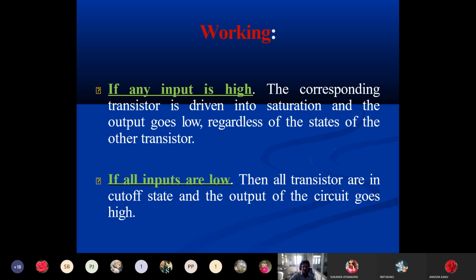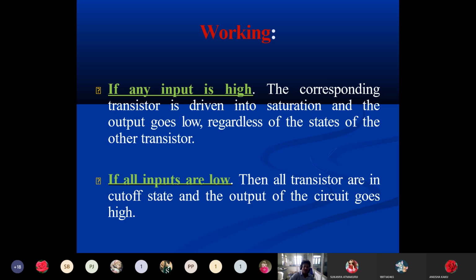That means we have inputs A and B, so whichever input is high, the transistor connected to it is driven into saturation and the output goes low regardless of the states of the other transistor.